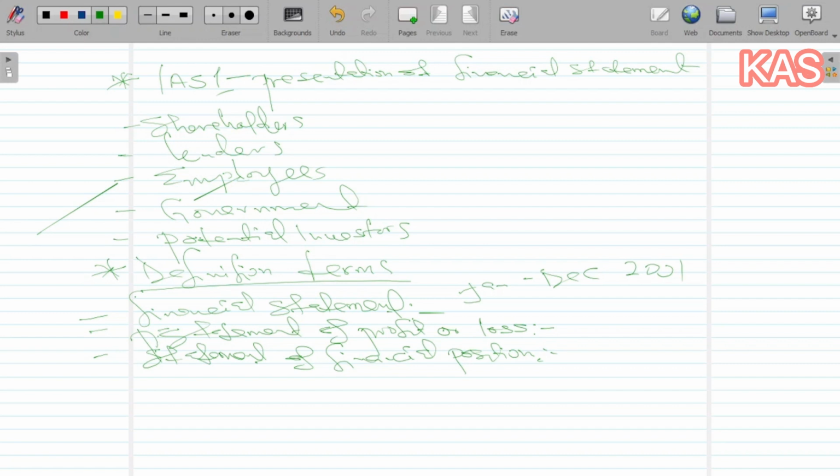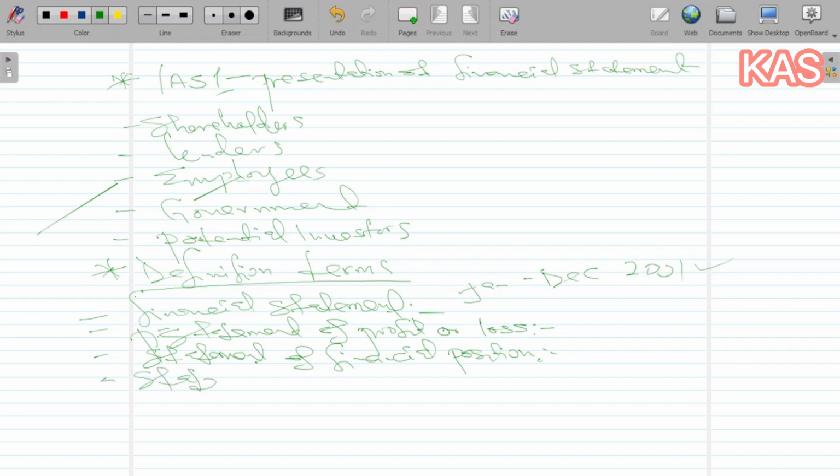It shows the assets and liabilities of an entity within a stated period. Like if we go back to our example, January to December 2021, within this period, this statement will show the assets and liabilities of the entity. That is it. Then the next one we are going to look at is the statement of changes in equity.